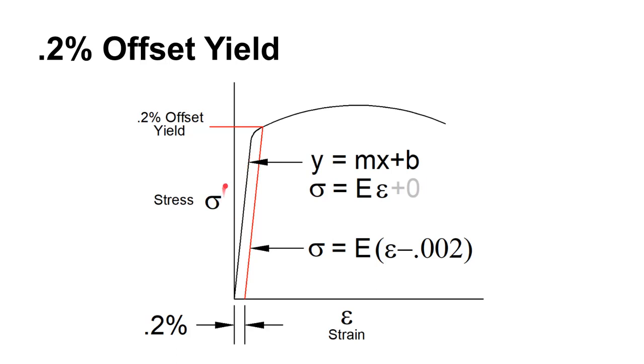All right, now to find the 0.2% offset yield, we need a line that is parallel to this line, but shifted over 0.2%. And if we draw this line, where that line crosses the stress strain curve is going to be our 0.2% offset yield. Now, everything beyond where this is nice and linear has to come from empirical data.